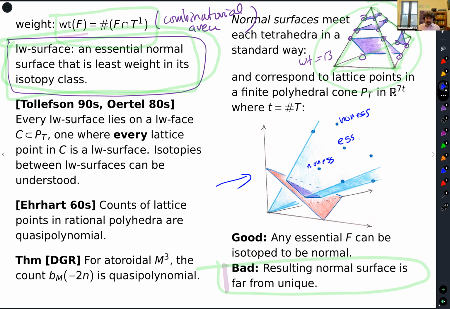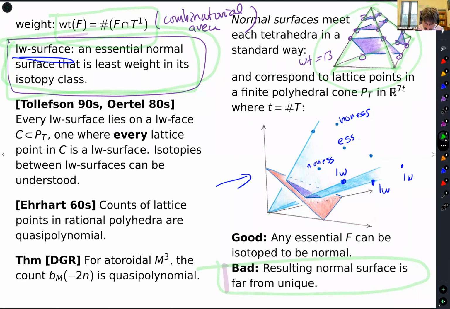You ask, is there any kind of structure to which points are essential or not? In general, not really. But when we focus on the least weight ones, then a structure does emerge. Maybe this is a least weight surface. So is this. And maybe this one is too.